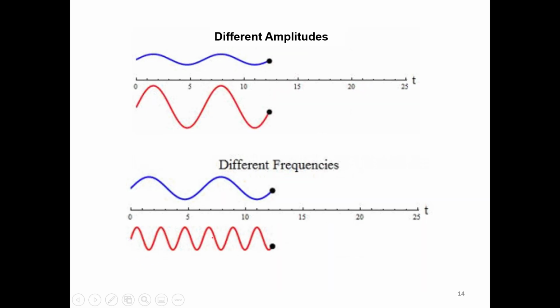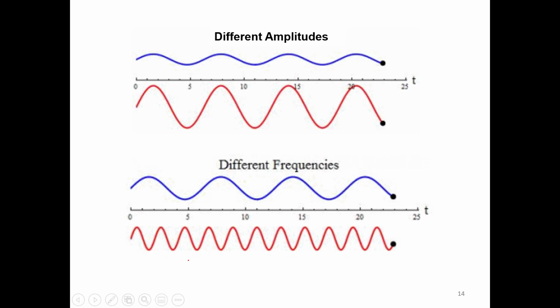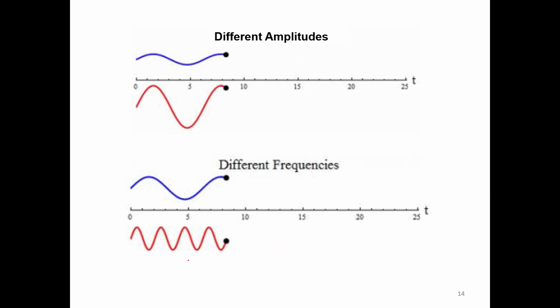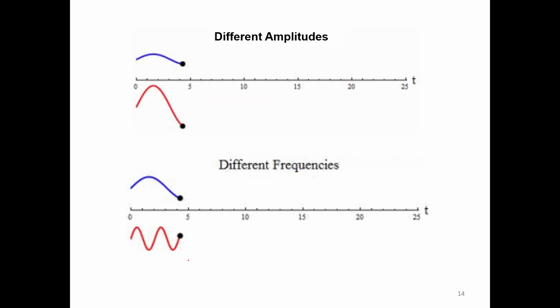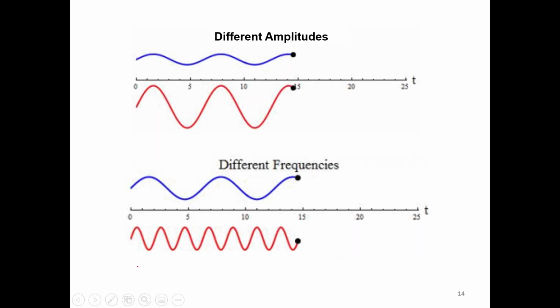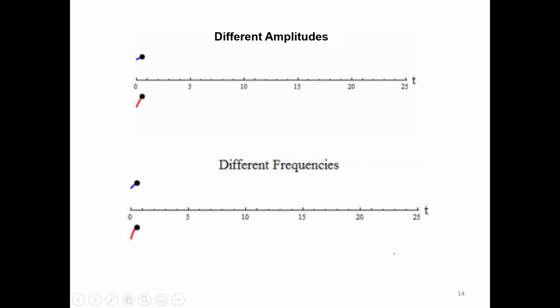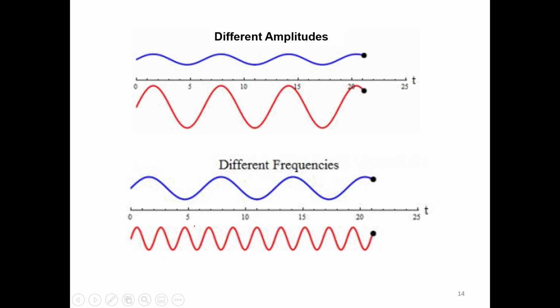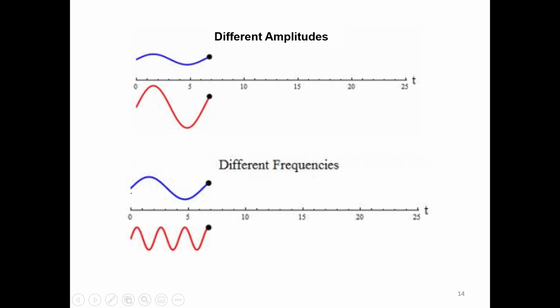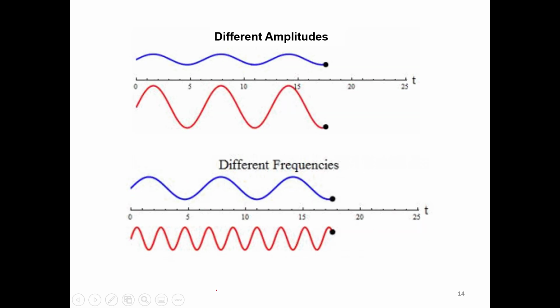The second one has shorter period and larger frequency. Yes, because remember, frequency and period are inverse. And we can say the red one has greater frequency compared with the blue one.